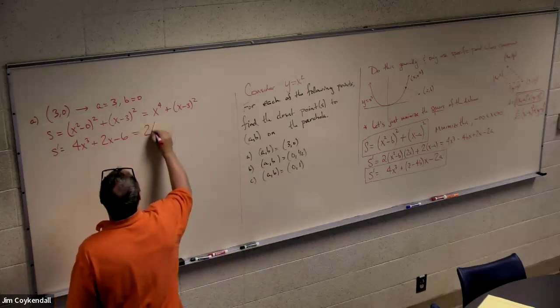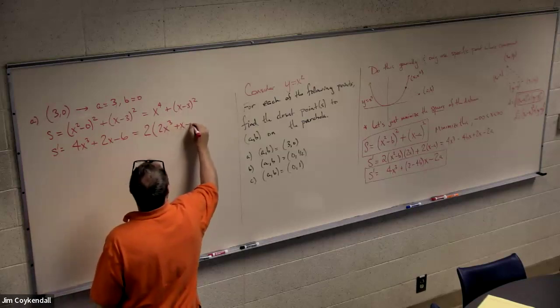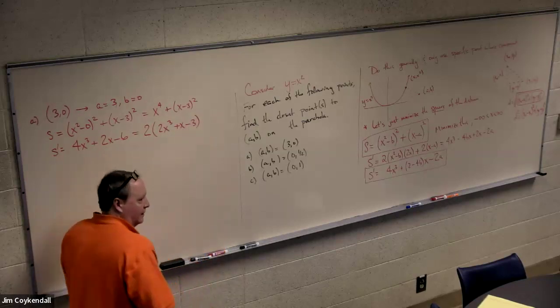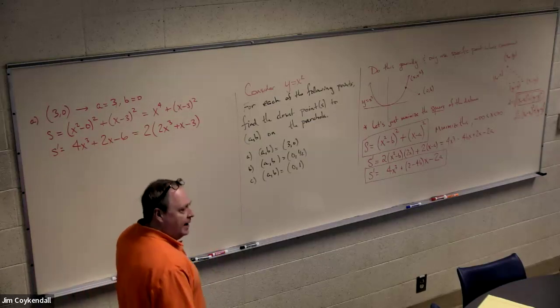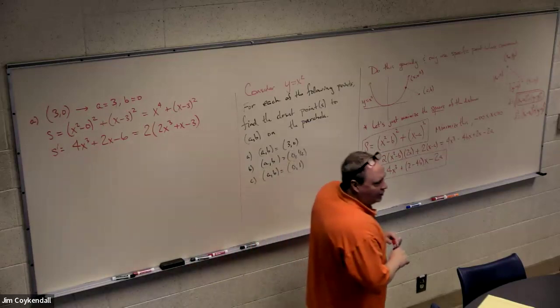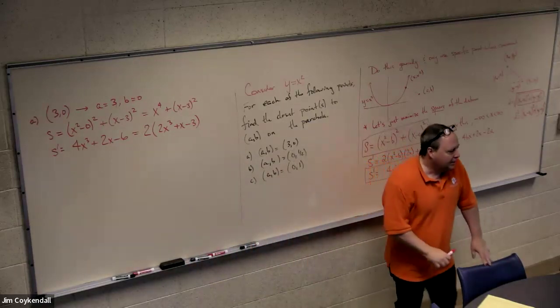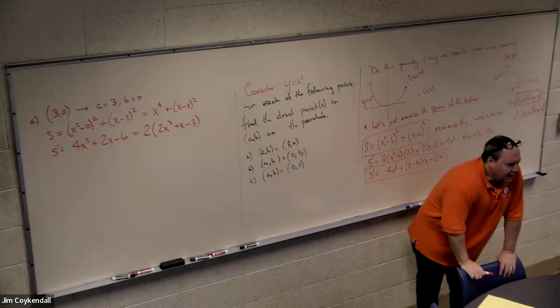Let me pull 2 out of that. Now, here's the thing, look at the critical numbers. This was the hardest one to find critical numbers for, because this is a cubic. But does anybody see a number I can plug in for x that will give 0?